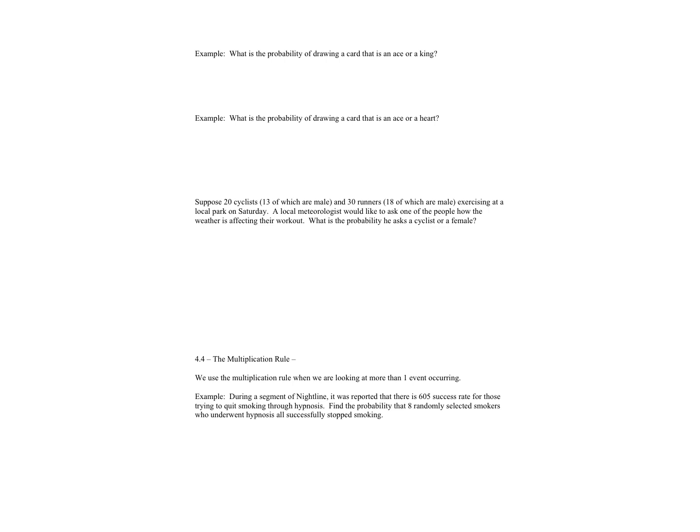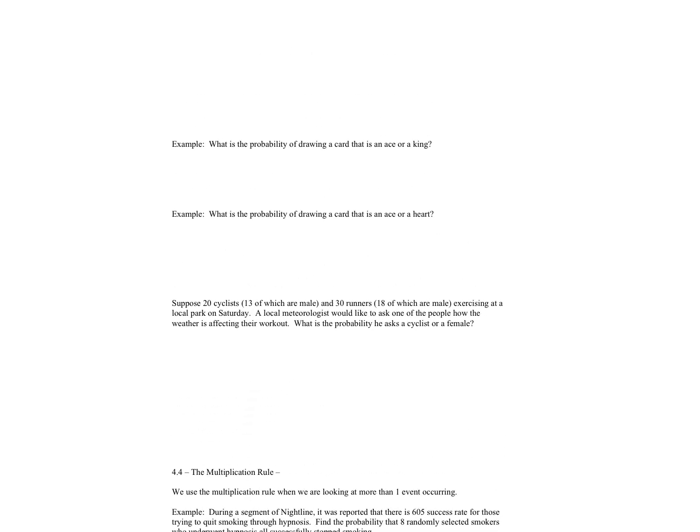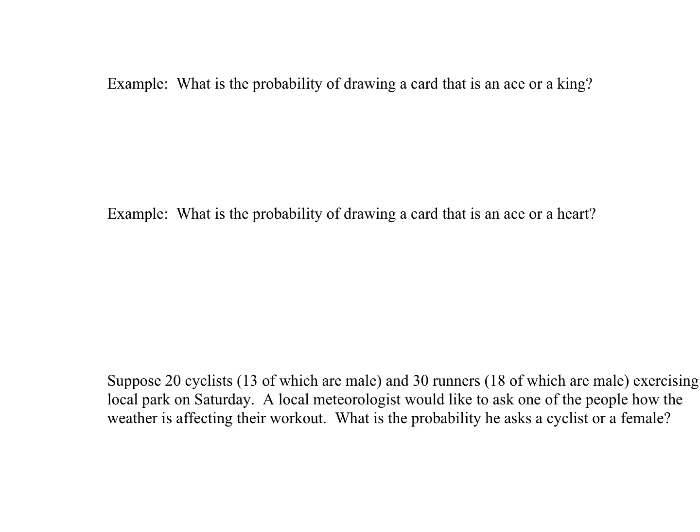All right, so let's say I am randomly selecting a card from a deck. What is the probability of drawing a card that is either an ace or a king?